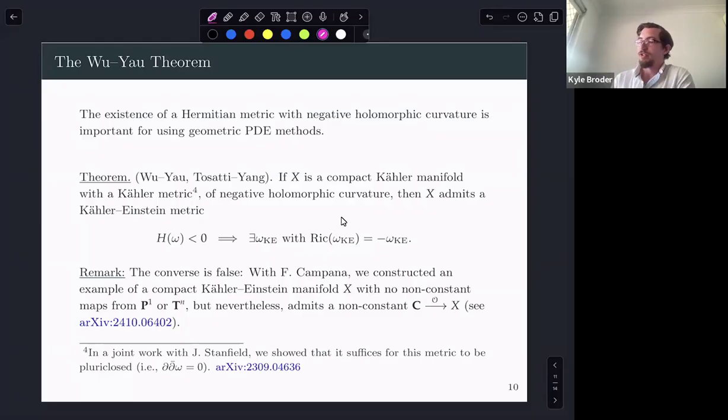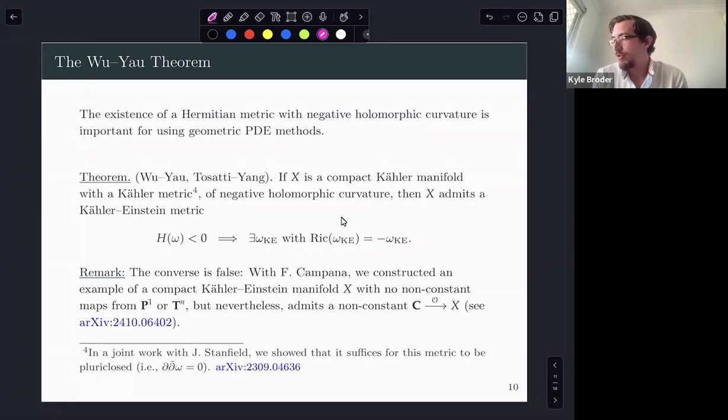So with James Stanfield a while ago, we showed that you don't need this negatively curved metric to be Kähler. It actually suffices to satisfy the weaker condition that it's pluriclosed. And with Frédéric Campana, we showed that the converse of this result is very much false.